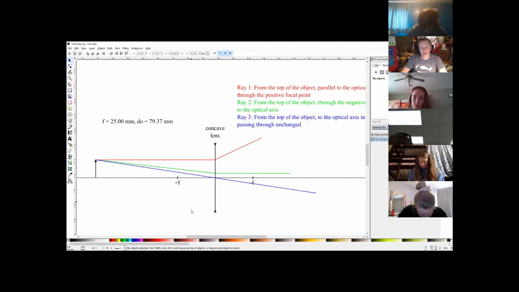Now we can see what we were looking at the other day, that this is a bit of a problem because these rays don't ever intersect. They diverge from each other. So just like we did with the mirrors, we would actually trace them back into the virtual side, trace the refracted rays back. So let's see if I can grab each of these. I'm going to make them dashed to show that they are in fact virtual rays.